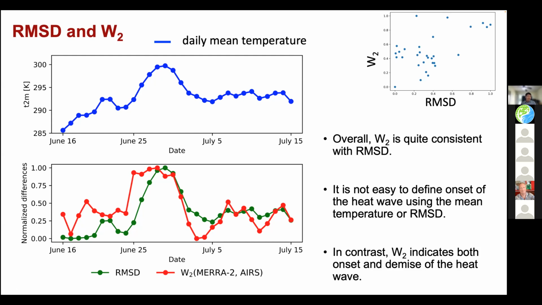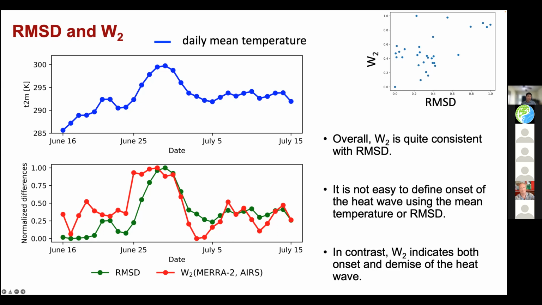You see that the change in temperature and RMSD is somewhat gradual. So because of this gradual up and down, it's kind of tricky to define the onset of the heat wave using the mean temperature or RMSD.